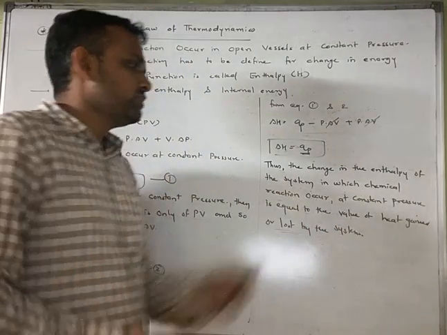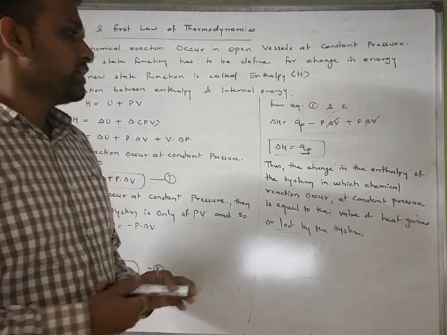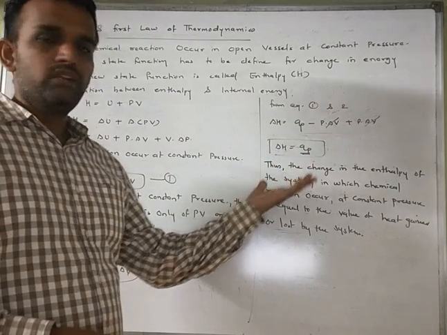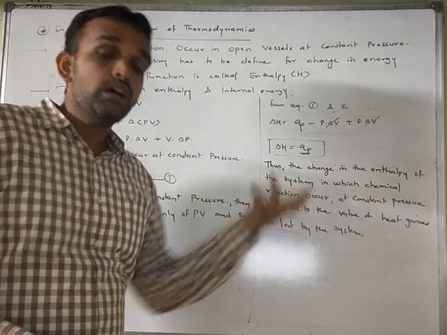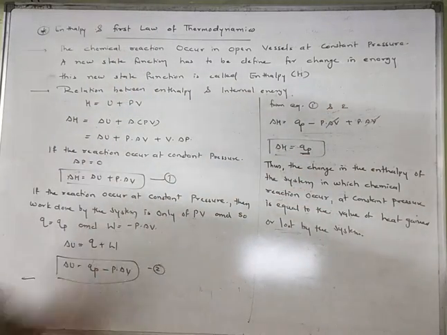Understand? So this is how you can write down. At a constant pressure, the heat gain or loss by the system is called the change in the enthalpy. So write down all these things.